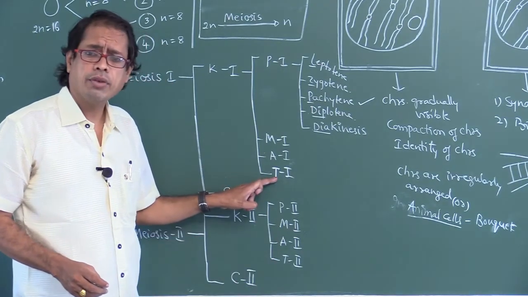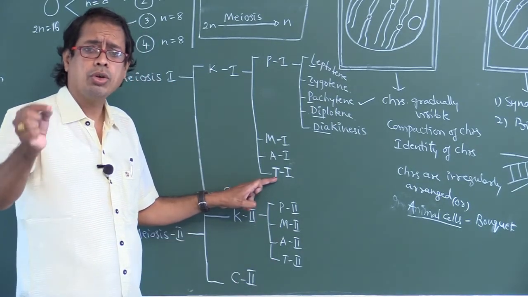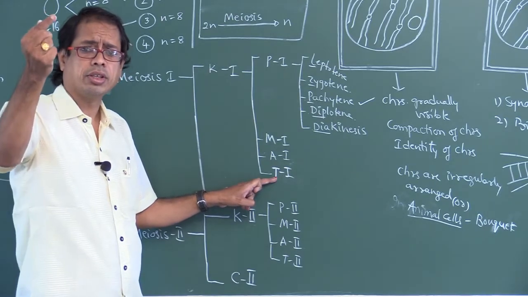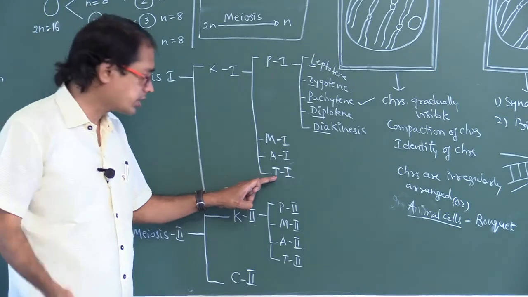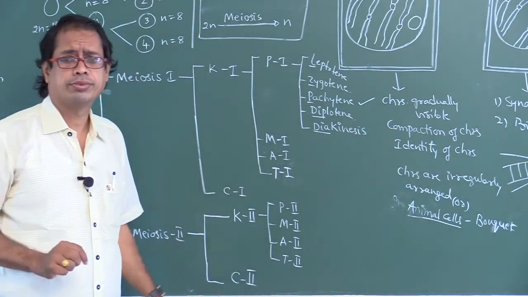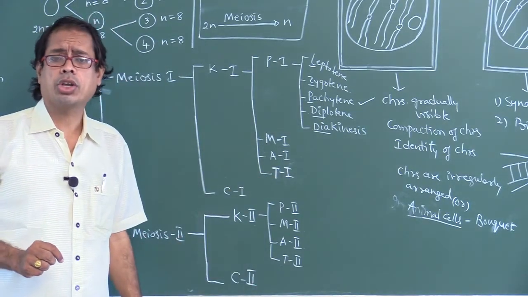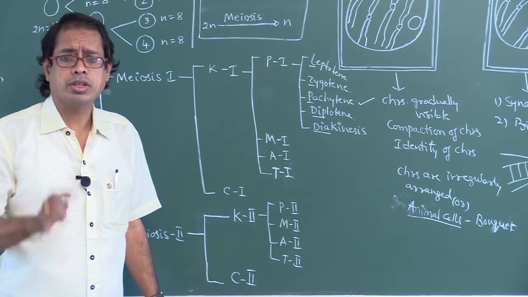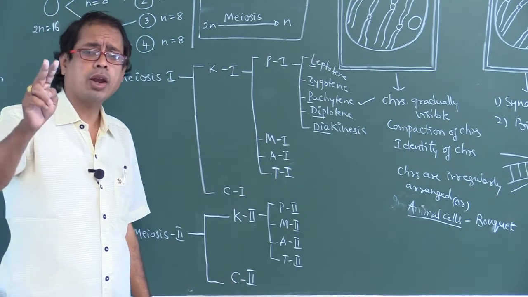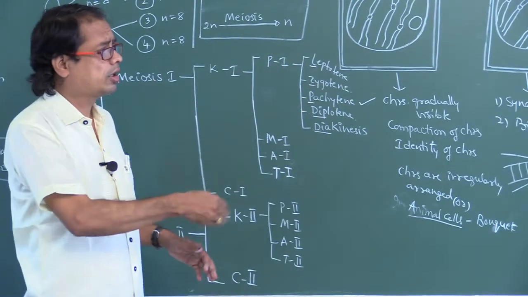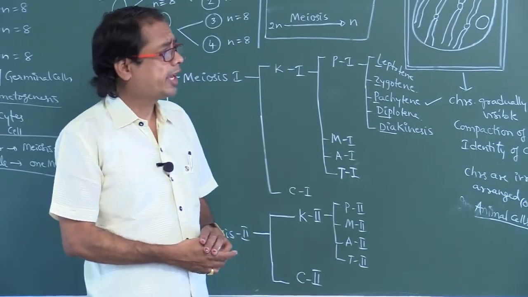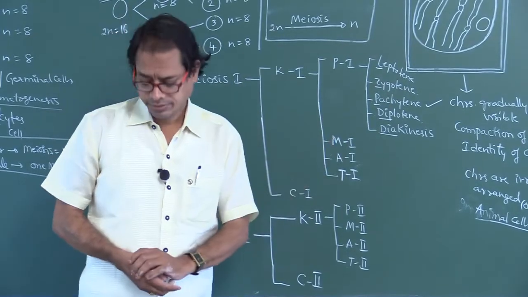At the end of telophase, the nuclear membrane and nucleolus reappear. How many times? 2 times. Endoplasmic reticulum and Golgi complex disappear how many times? 2 times. Reappear how many times? 2 times. Okay, please note down all these points and I will explain the continuation part.